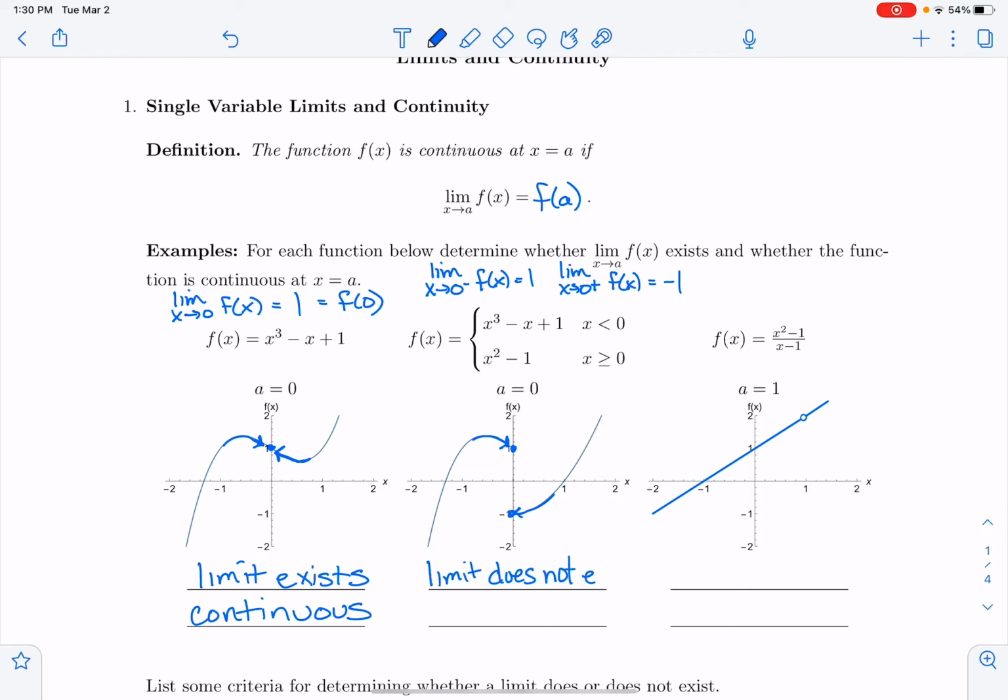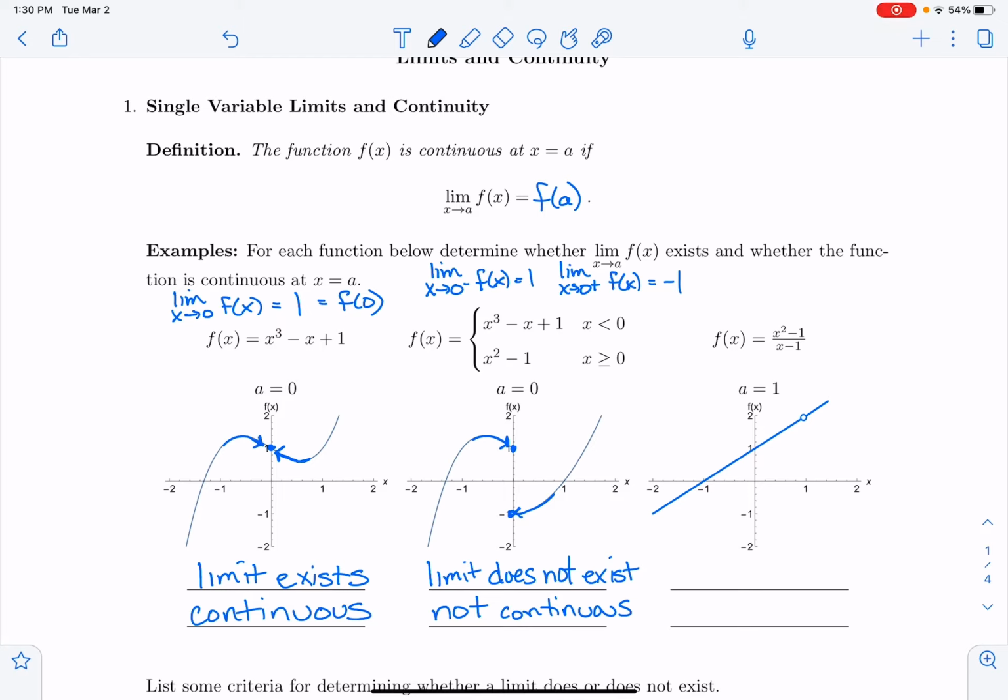Well, if the limit does not exist, then at that point the function cannot be continuous. And we have this intuitive idea of continuous functions not having any sort of break or jump. And so here you can see that the function jumps between 1 and then negative 1 at x equals 0.